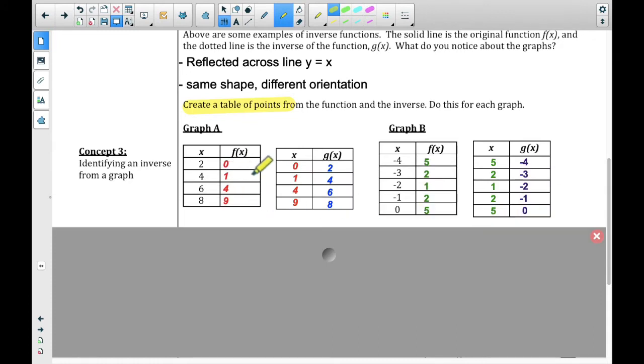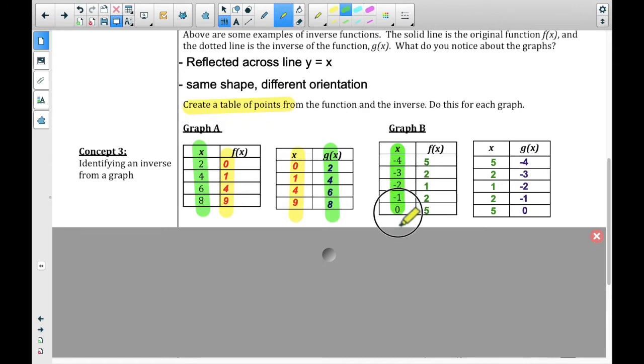Okay, here's what I came up with. I filled in my tables of values with these numbers. Let's take a look. Do you see that the y values, or f of x values here, match with the x values here? And the x values here match with the y values, or the g of x values here. Same thing happens here.